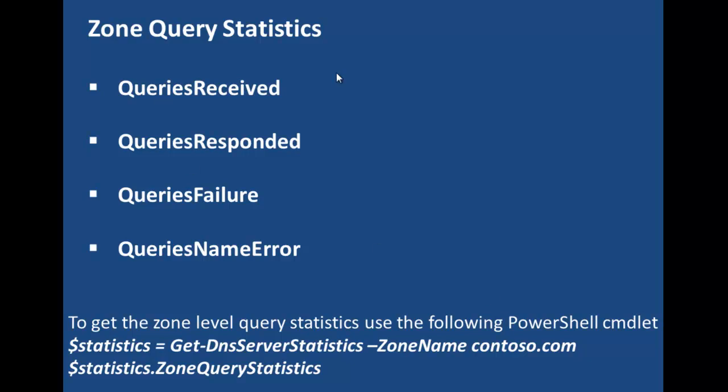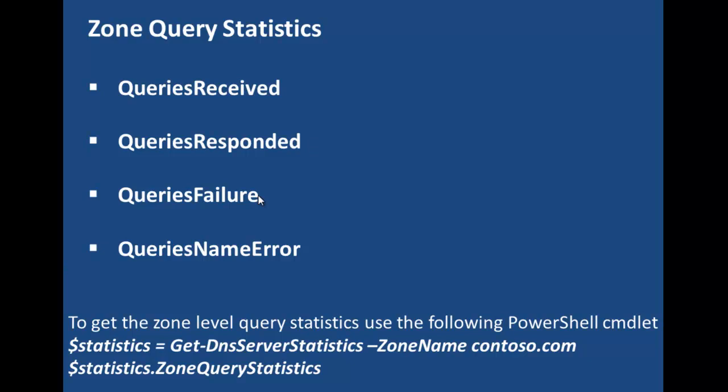For the queries received, this would be the number of queries that were received. Queries responded would be the number of queries responded successfully with a valid DNS response. When you type cnn.com and you're able to access that page, it means that you have a valid DNS response. The DNS server has found what you wanted and has returned the correct response to you.